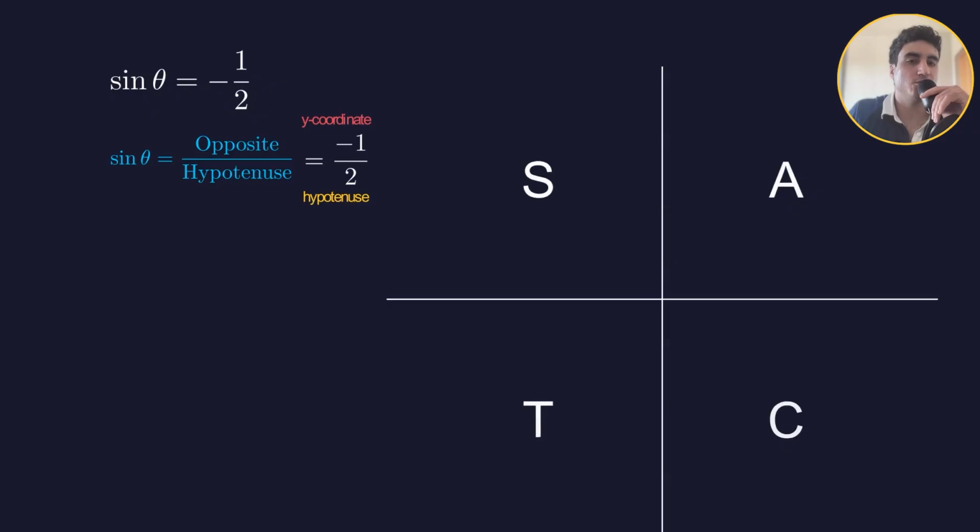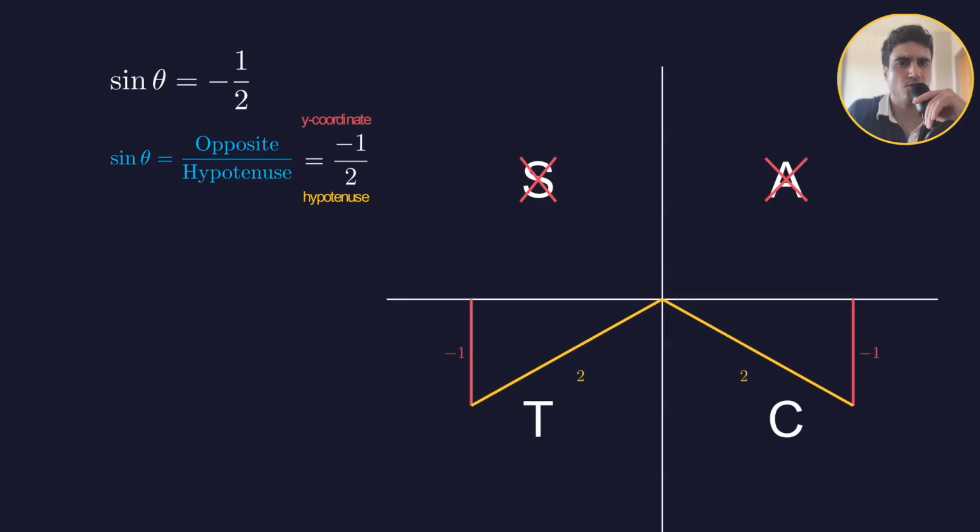Meanwhile, 2 is going to be the hypotenuse. So if we draw this on our Cartesian plane, we're going to show that we have negative 1 on the y, 2 as the hypotenuse. And this also corresponds to our CAST diagram labeling, right?